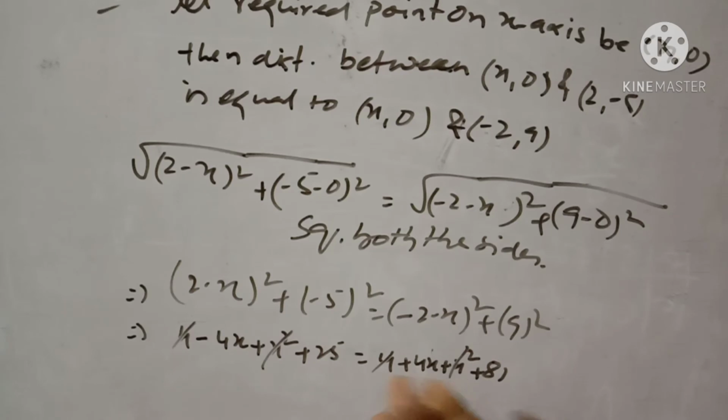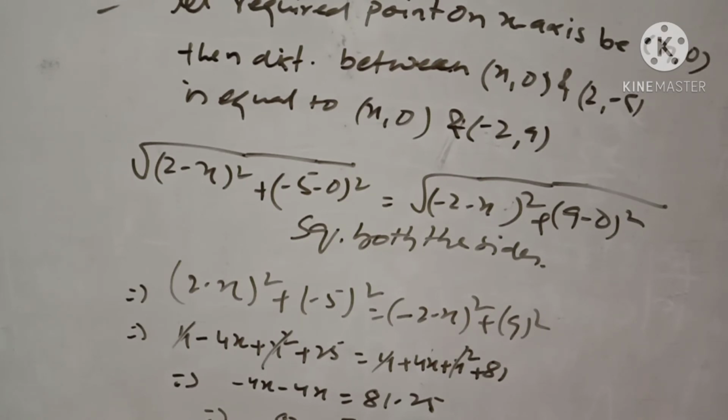So take this minus x to this side, and I am taking this 4x to this side. So minus 4x, this implies I can write minus 4x equal to 81 minus 25, which is minus 8x equal to 56.